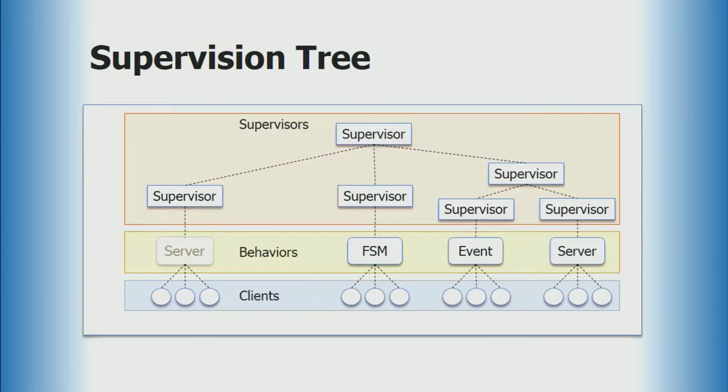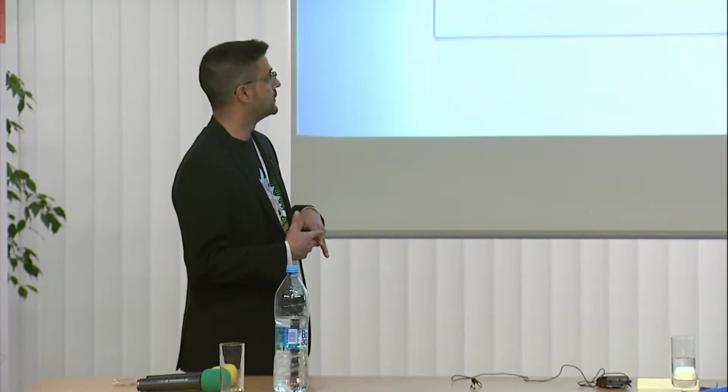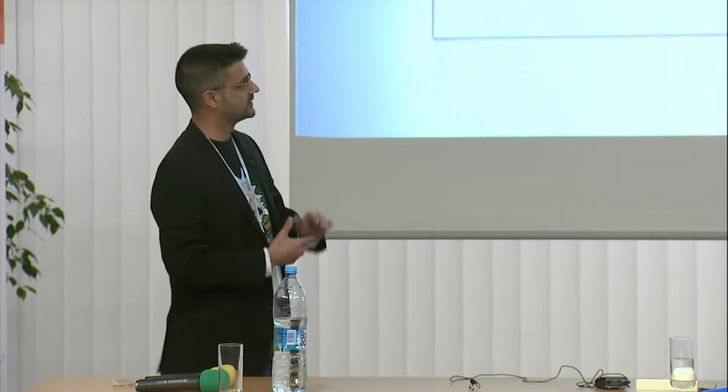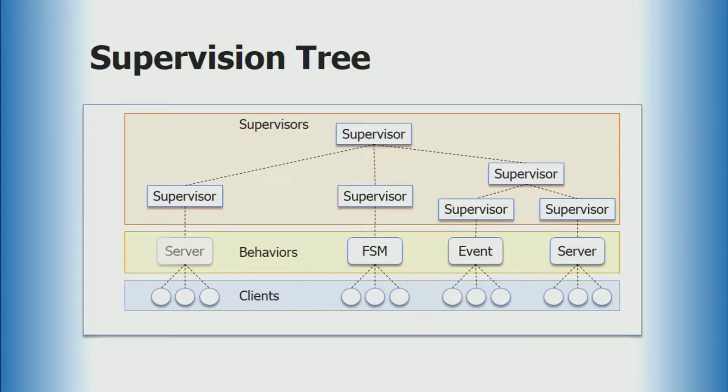And the supervision tree is the basis of making applications in Erlang. The whole box on the outside being the application, you would have a tree of supervisors all linked to each other, watching each other, saying, okay, the supervisor under me, when he crashes, I restart him.